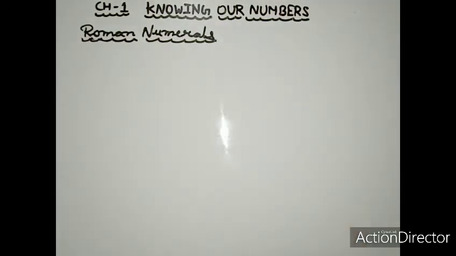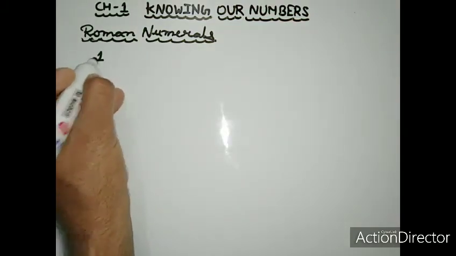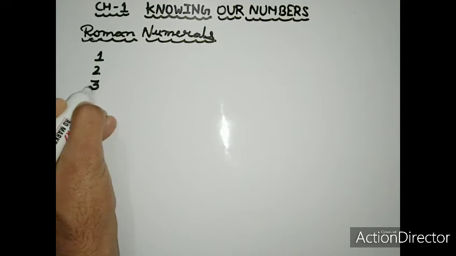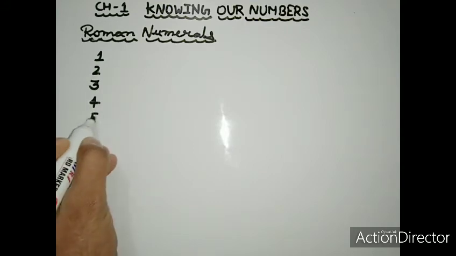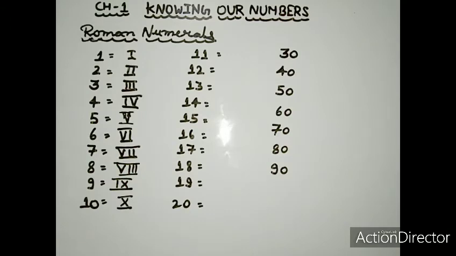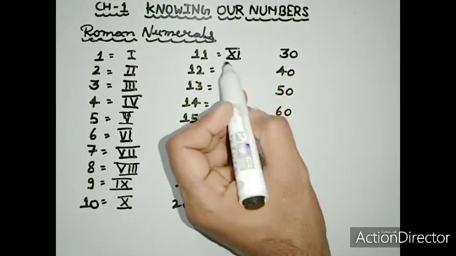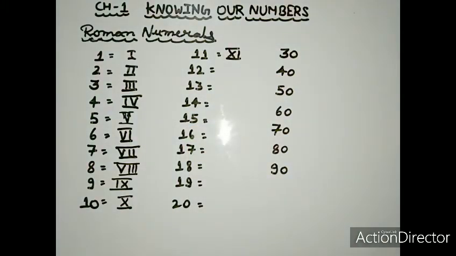So now here we write some numerals like 1, 2, 3, 4, 5, 11. So we add 1 with X, meaning X and I. X and I mean 10 plus 1, 11. Now 12.